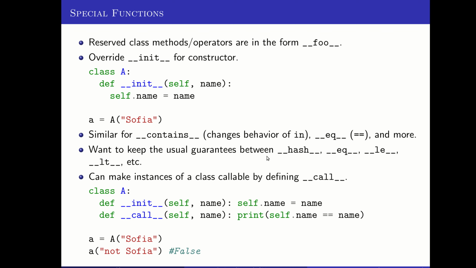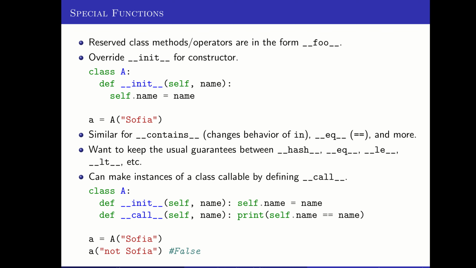We do, however, just like we did in Java, want to keep the same guarantees between hash, equality, and if we're doing less than or equal to, or greater than or equal to, or different things like that, we want to make sure that those all make sense together, right?